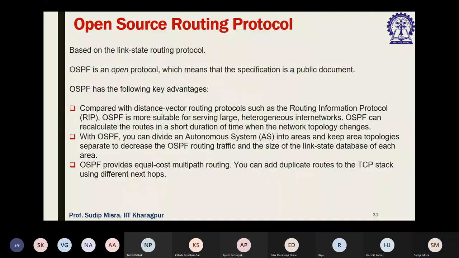Now, here in OSPF, what happens is every router sends a hello packet.